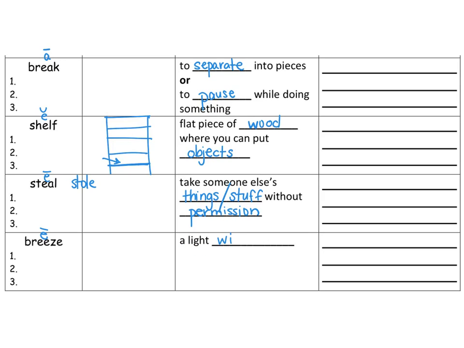So it's when the wind outside is blowing just a little bit. A sentence you might write is, the flag blows gently in the breeze. Or, I like when there is a breeze while I am walking home. Okay, it means you like just a little bit of wind.